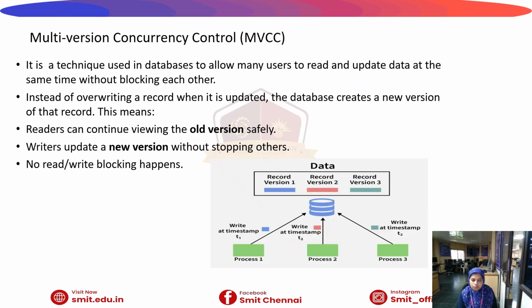Instead of overwriting a record when it is updated, the database creates a new version of the record. Overwriting the record can cause mistakes, so instead a new record is created. That is the advantage of multi-version concurrency control. Readers can continue viewing the old version safely, and writers update the new version without stopping others.